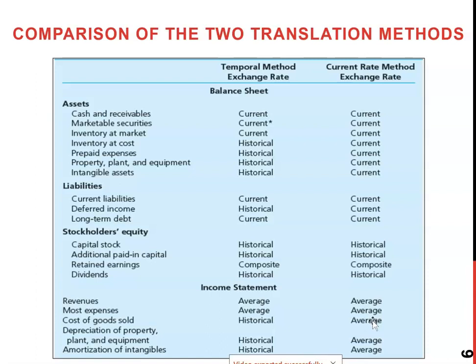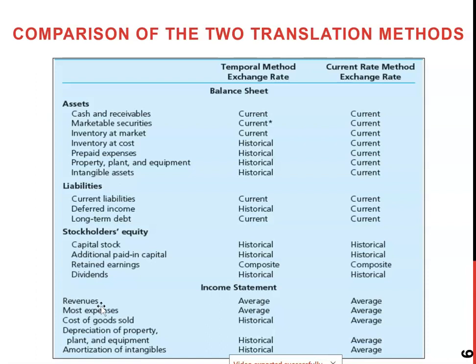On the other hand, for the temporal method, only revenues and expenses will be using the average rate. And the other items you will see are mixed with historical rate, because some items are related to long-term assets, and it's assumed that revenues, expenses, regular expenses, those are regularly occurring items.